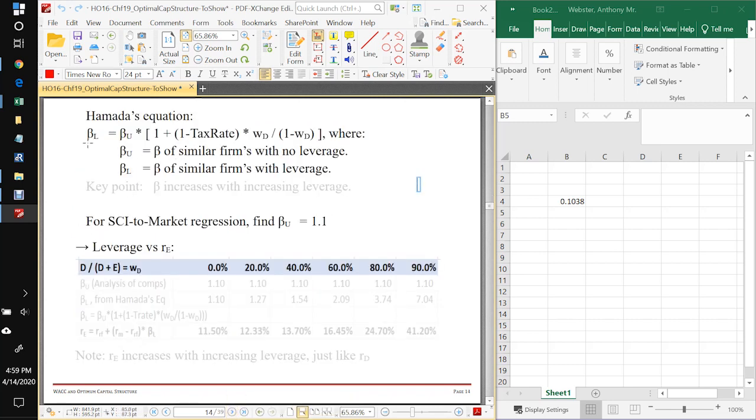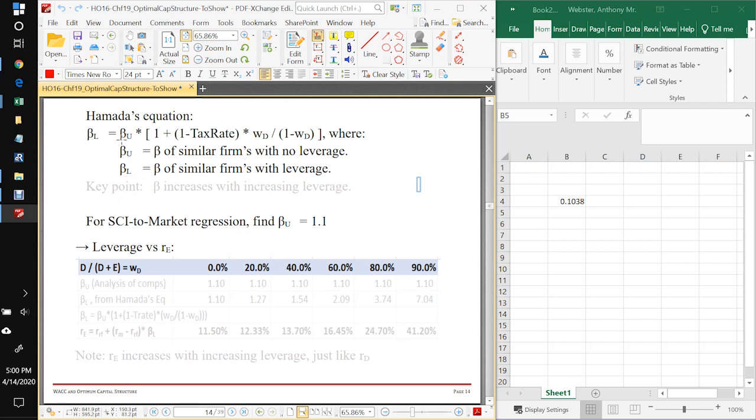So Hamada's equation says that a levered beta for a company is equal to the beta that we find for that company with no leverage. That's what BU stands for here: beta of similar firms, or the firm we're looking at, with no leverage. And beta L is beta of similar firms, comparable firms, or the same firm we're looking at, with leverage.